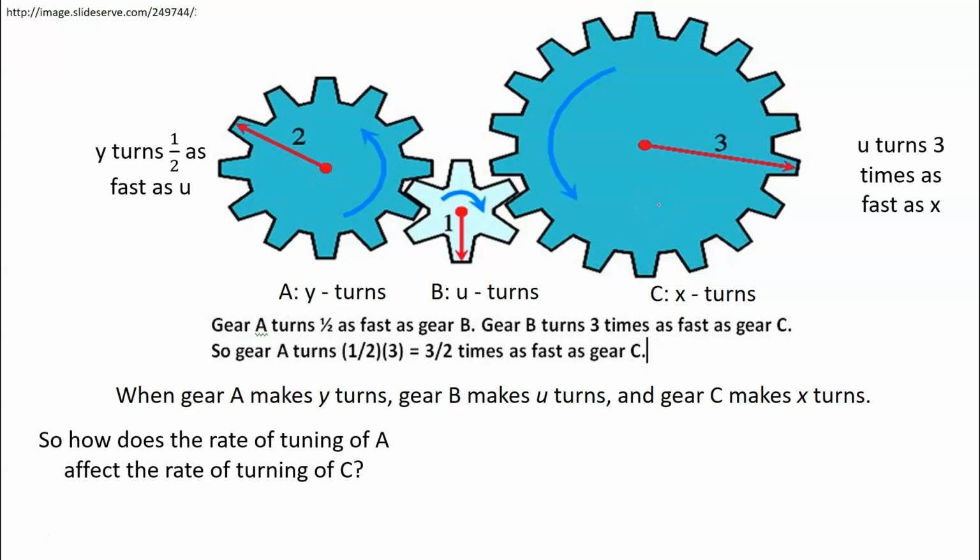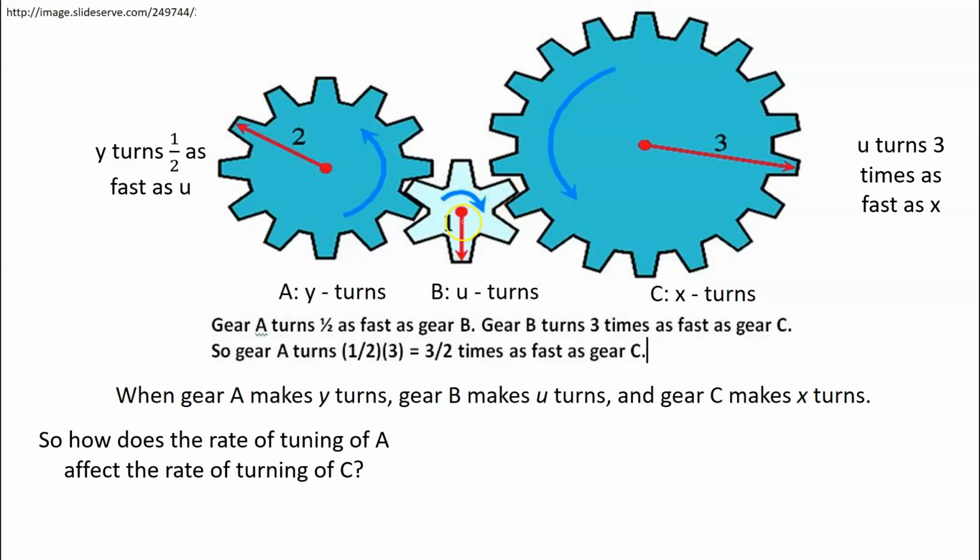I'm going to use some calculus terminology here and start showing you the terminology. Here, by the way, are just little gear ratios. We know that y turns half as fast as u. This one has half of the teeth, so this one ends up turning half as fast as that one. This one turns twice as fast as that one.